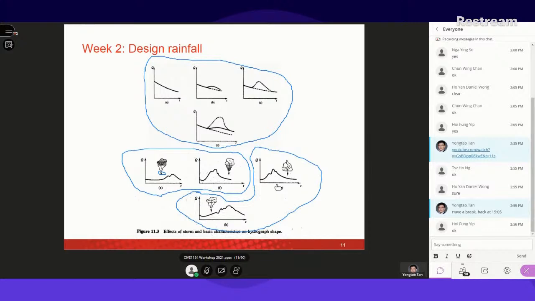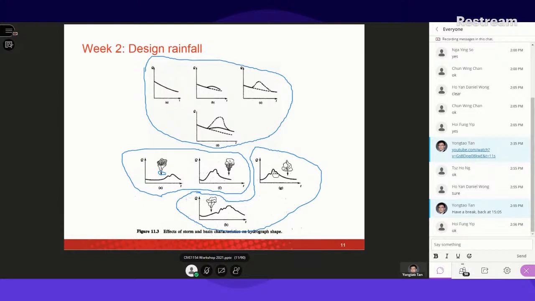For the G curve, we can see the basin has a broad shape at the outlet. A broad shape at the outlet will result in the peak flow occurring very soon, because of the shorter concentration time.